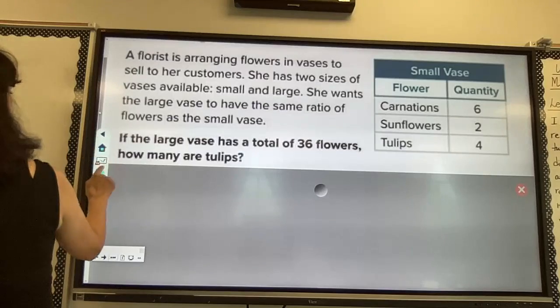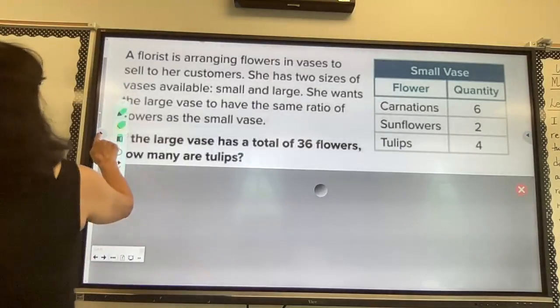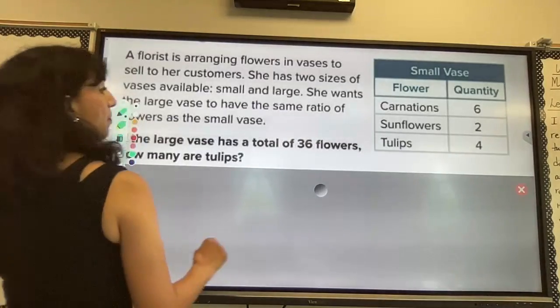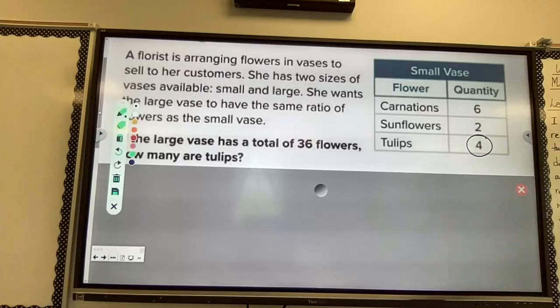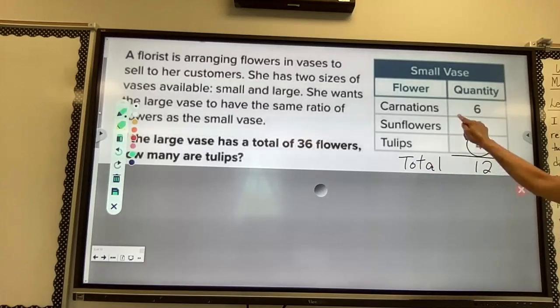So I have 4 tulips, all right, in the small vase, and it's talking about the large vase has a total of 36, but first I need to look at my ratio overall, 6 plus 2, 8 plus 4, my total is how much? It is 12 when I add all of these up.